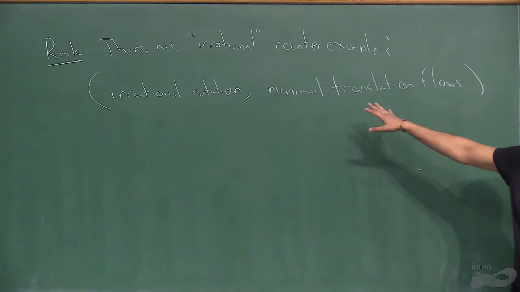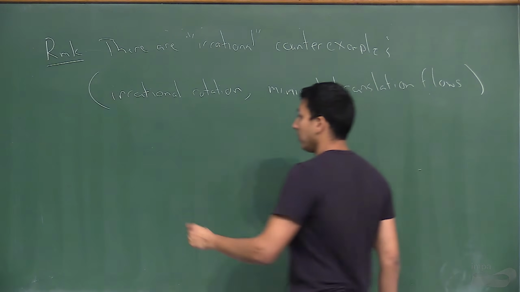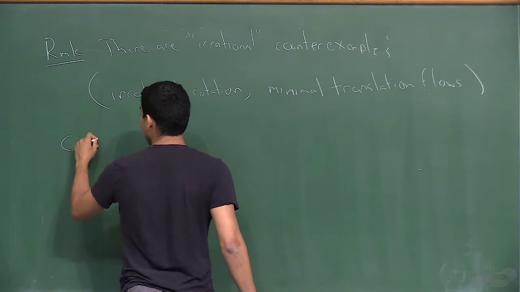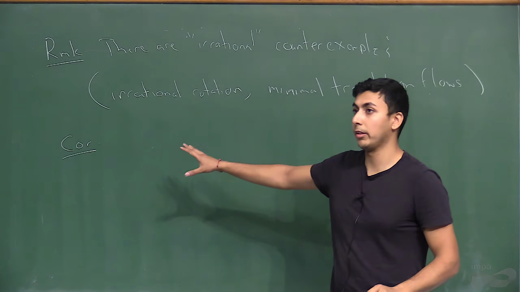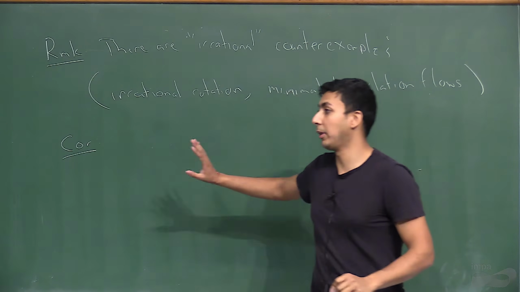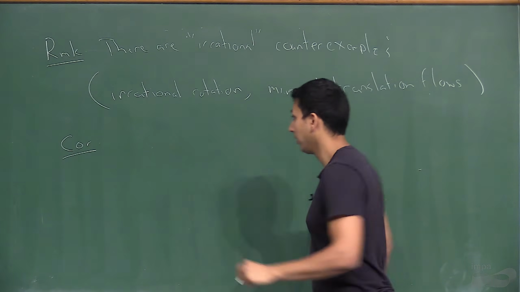Another remark that I want to make is the following corollary, just because these statements are fairly technical. I want to give a more concrete statement about invariant sets that's a consequence of this.